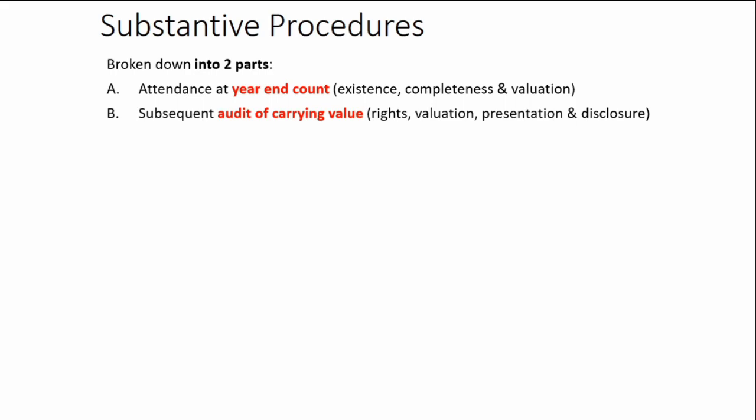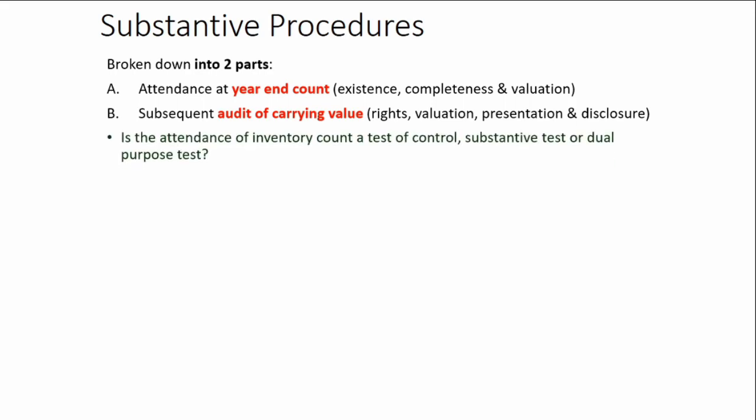The next is because, and we've mentioned this already, we are dealing with a process that is actually a test of control. What we want to do as auditors is we also want to assess if this internal control is functioning.